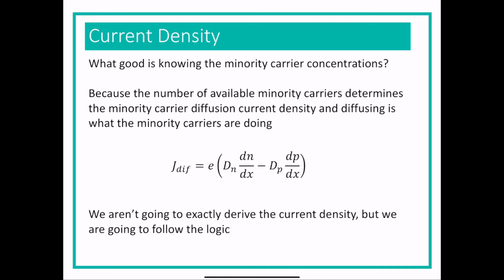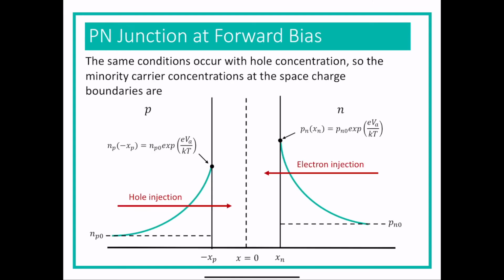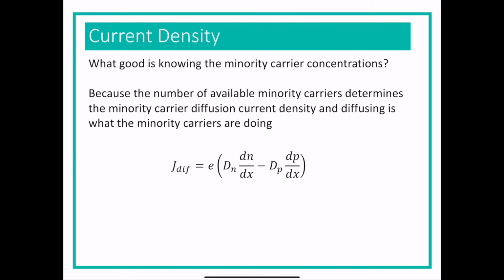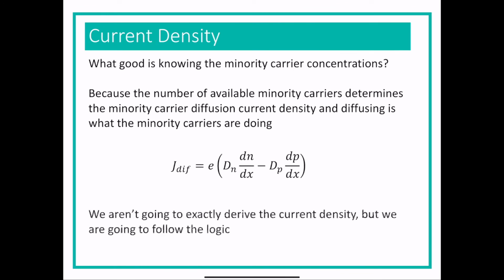We have been looking at, back here, logical equations that tell us the carrier concentrations, the minority carrier concentrations. We really don't have an X dependency on either one of those because we're assuming there is a more or less constant value right at that point. But we're going to take those functions and those are going to figure in to figuring out what the current is.